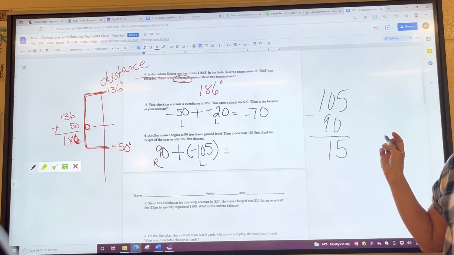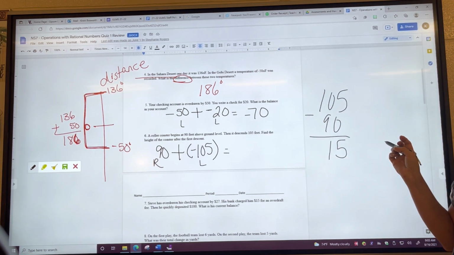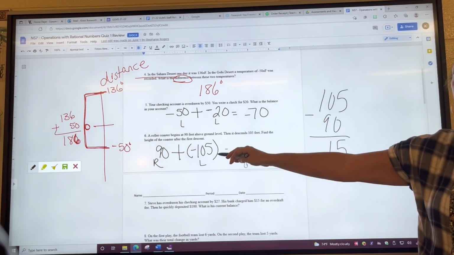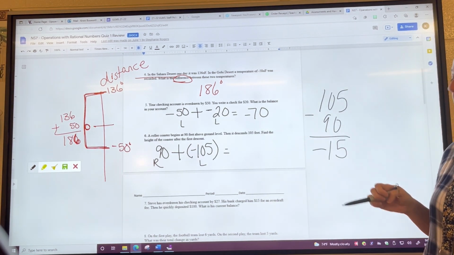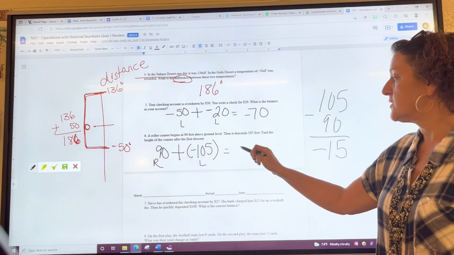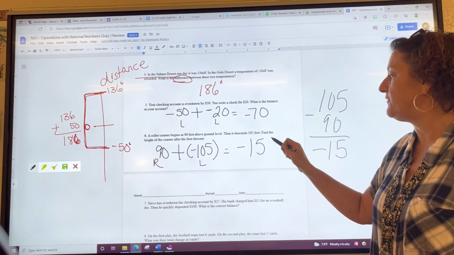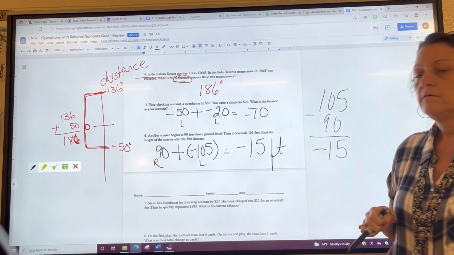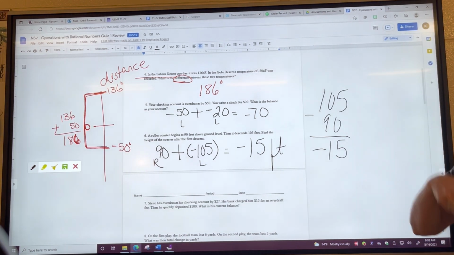Here's your sign. You're going to take the sign that's the farthest from 0, which is what? That negative 105. That means our 15 is going to be negative. So the answer is negative 15 feet is where it is after.